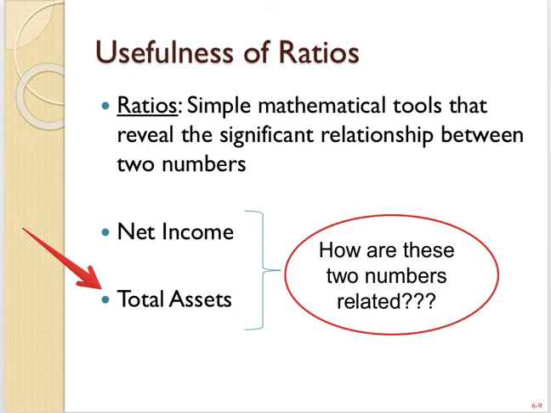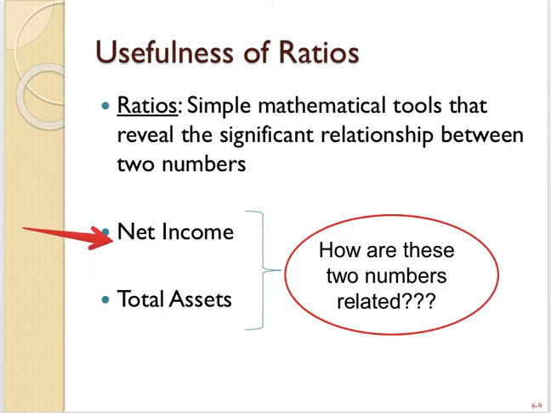Okay, equipment, automobiles, all of that stuff. We use our equipment and our automobiles and our computers to help us do our job to be able to provide the services that we need to provide to our customers. So your total assets, again, contribute to your net income. So these two numbers are related. Your assets help you make net income.